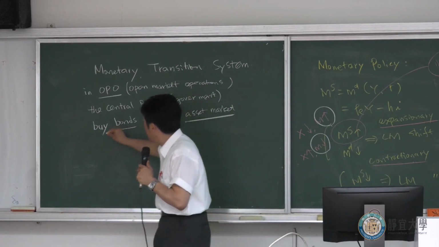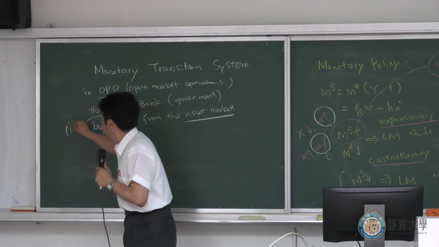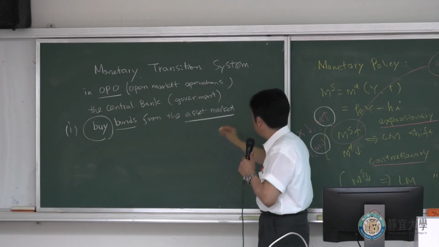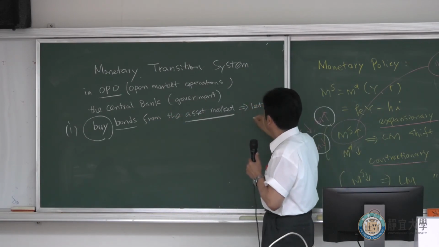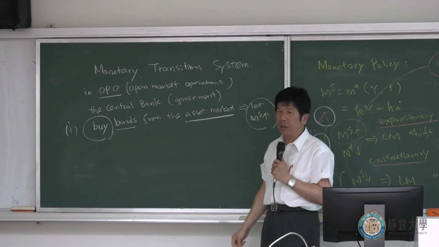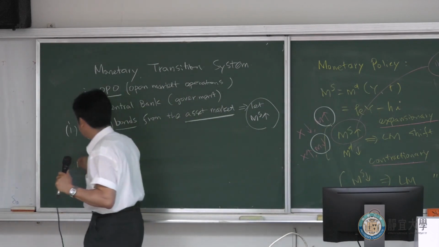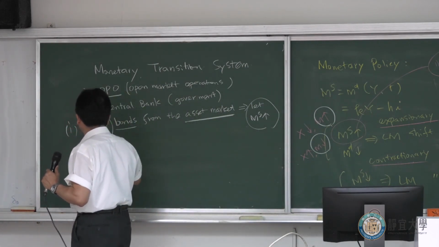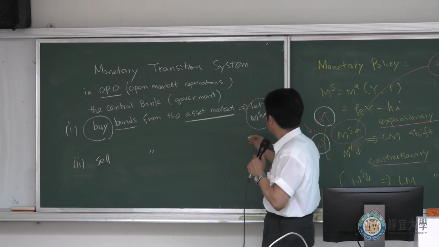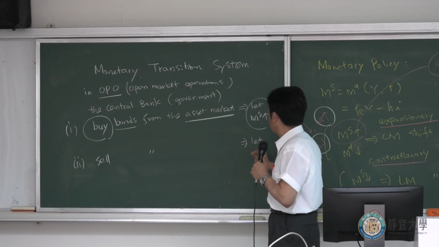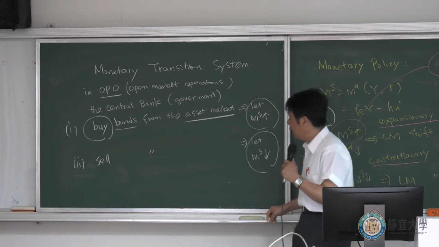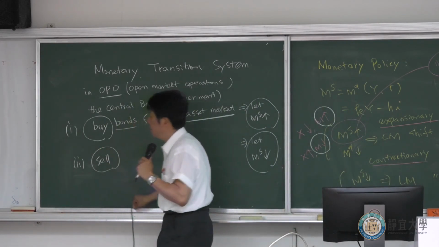Because they buy the bond, they will let the money supply increase. If they sell the bond, then they would let the money supply decrease. Okay? So here you need to check.